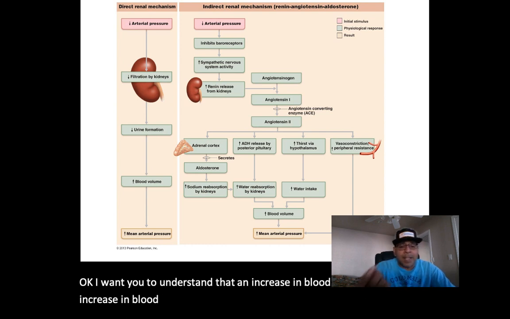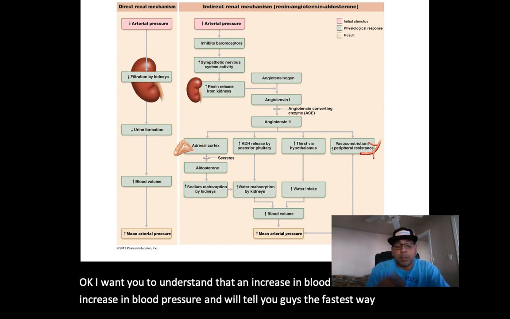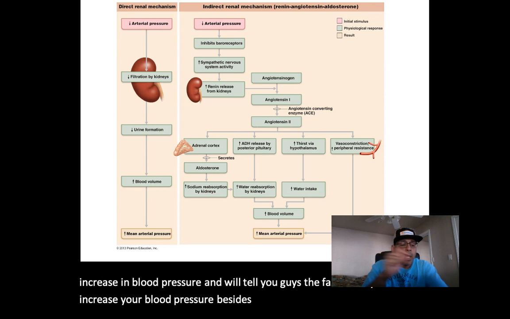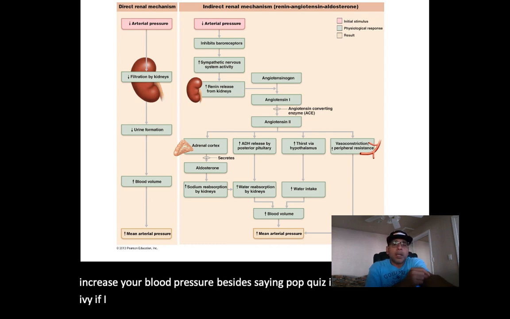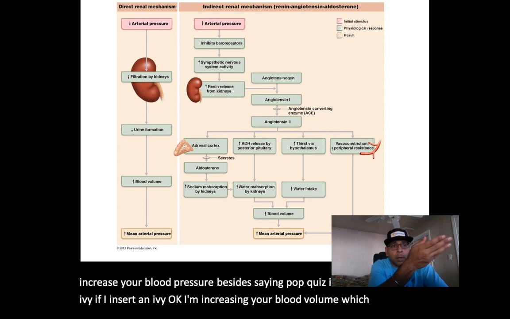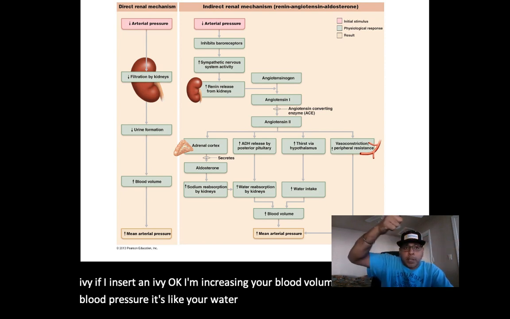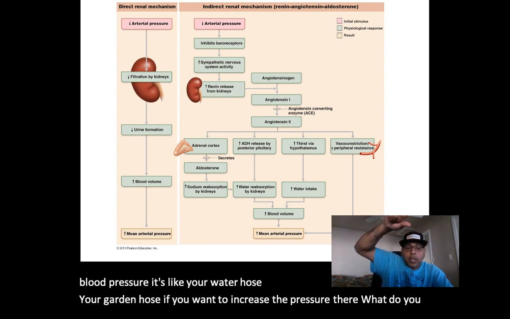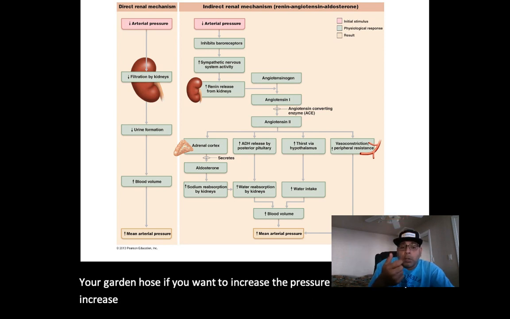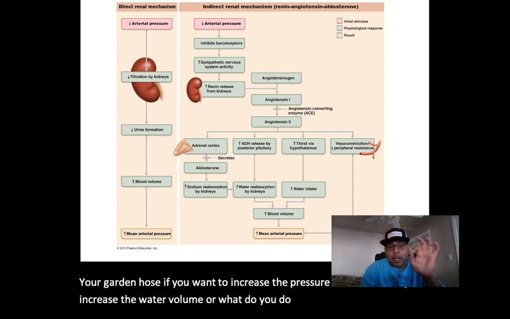I always tell you guys the fastest way for me to increase your blood pressure, besides saying pop quiz, is for me to insert an IV. If I insert an IV, I'm increasing your blood volume, which will increase blood pressure. It's like your garden hose. If you want to increase the pressure there, what do you do? You increase the water volume, or you mess with the diameter, increasing resistance.